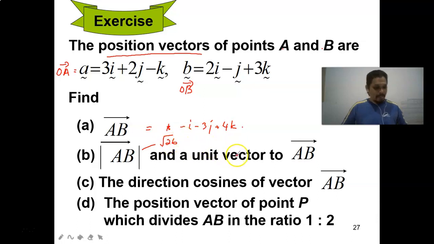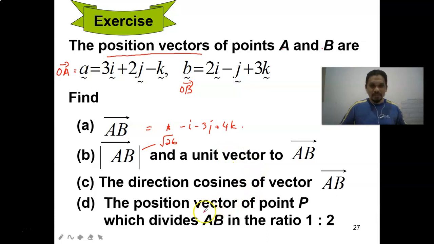Then see the direction vector from the unit vector of AB that I mentioned to all of you just now: negative 1 over square root of 26, negative 3 over square root of 26, and 4 divided by square root of 26. Then find alpha, beta, and gamma, the same process that I showed you just now in example 1.